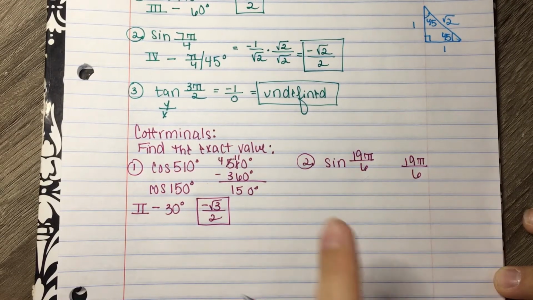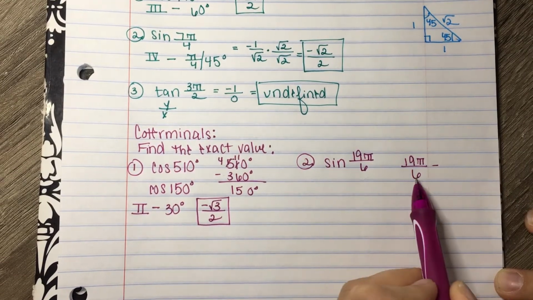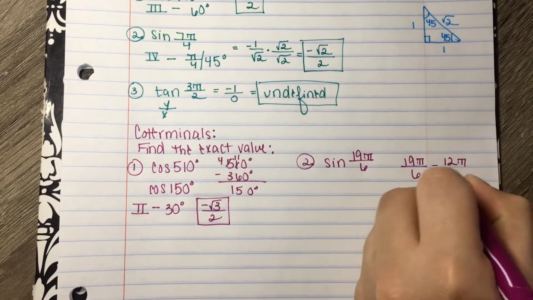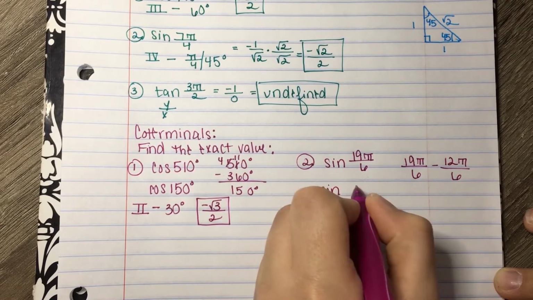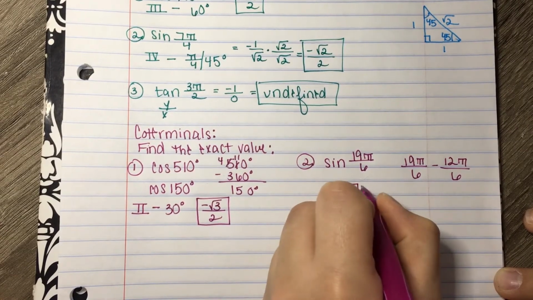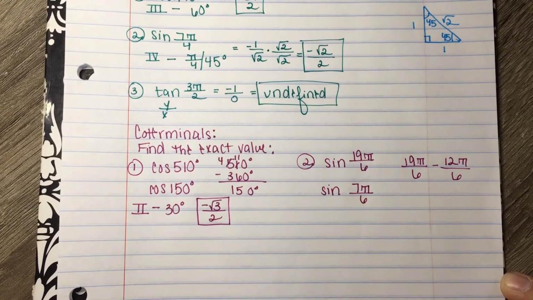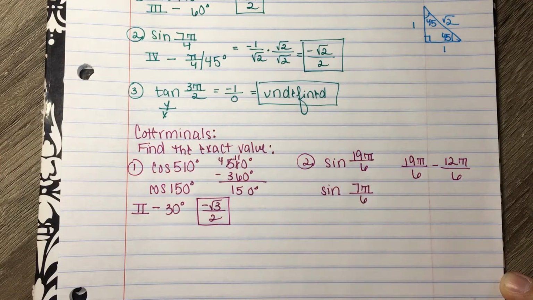So one revolution is 360 degrees, which is 2 pi. So I want to subtract 2 pi here, but I need a common denominator. So 2 pi is 12 pi over 6. And then when you subtract, you should see that 19 pi over 6 and 7 pi over 6 are the same angle. They're coterminal. So I know how to evaluate sine of 7 pi over 6, and it's going to be equal to this exact value.